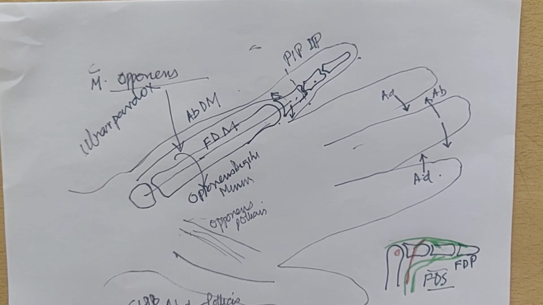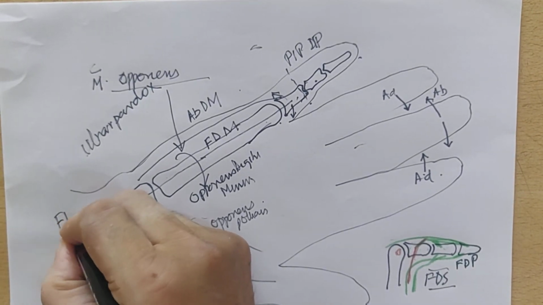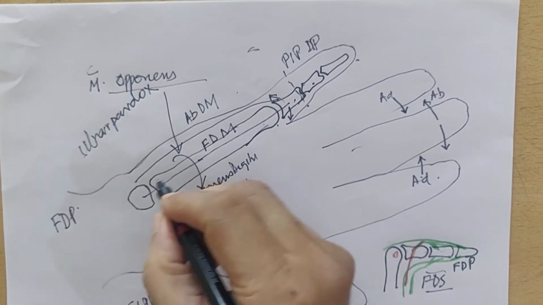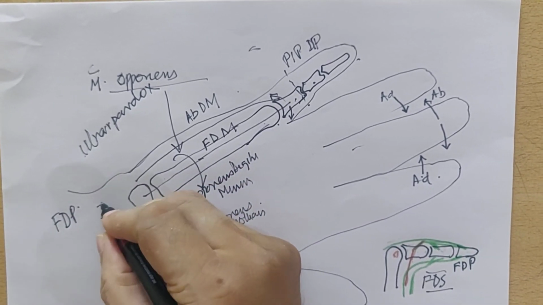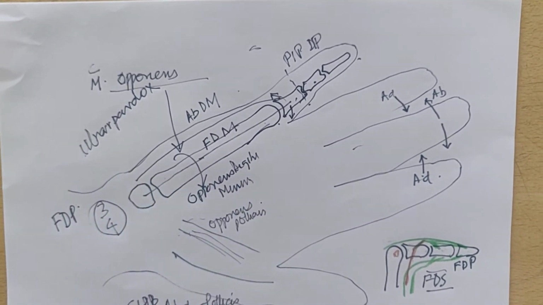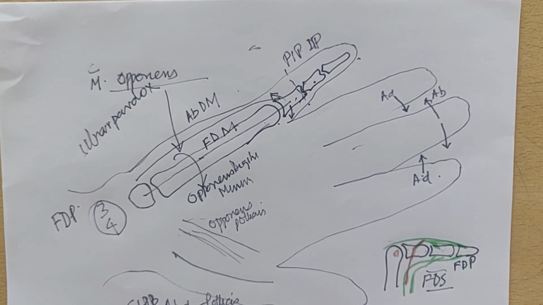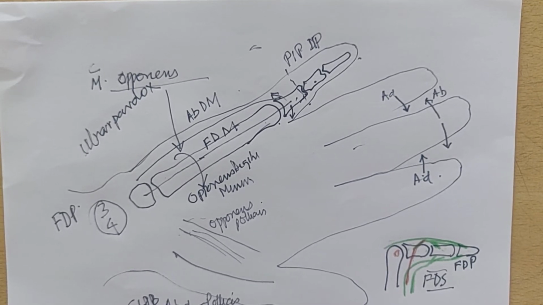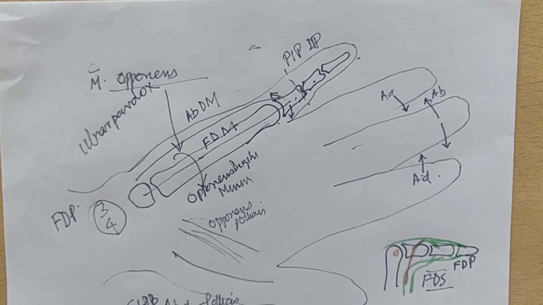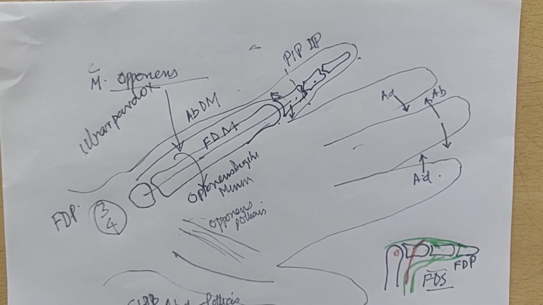But a high ulnar nerve paralysis will paralyze the flexor digitorum profundus of the third and the fourth finger. Therefore, the claw hand would decrease. Normally, higher paralysis should increase the deformity. Here, the higher paralysis is decreasing the deformity, and that is why this is called ulnar paradox.